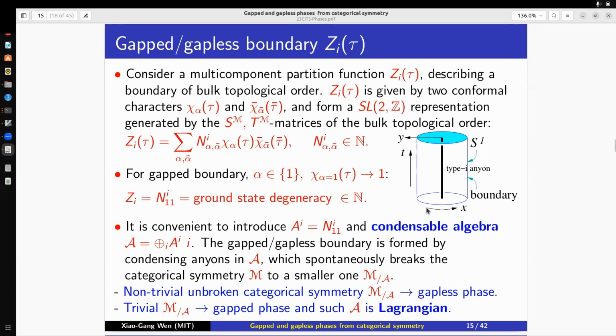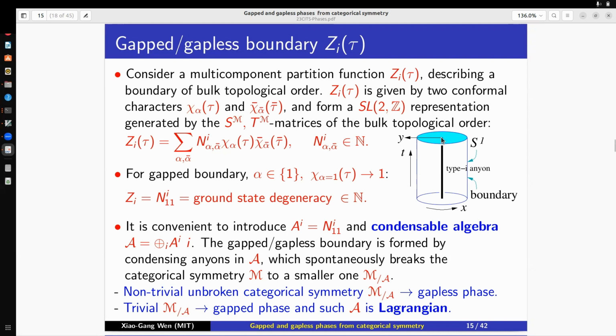Our partition function is really computed in the thermodynamic limit. So when you have something with an energy gap, the contribution e to the minus E times beta goes to infinity, so this e to the minus E beta becomes 0. So this is the physical interpretation: when the partition function is equal to 0, that means we have an uncondensed anyon on the boundary.